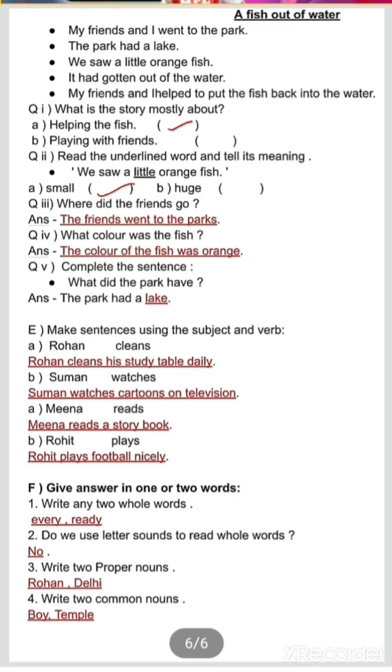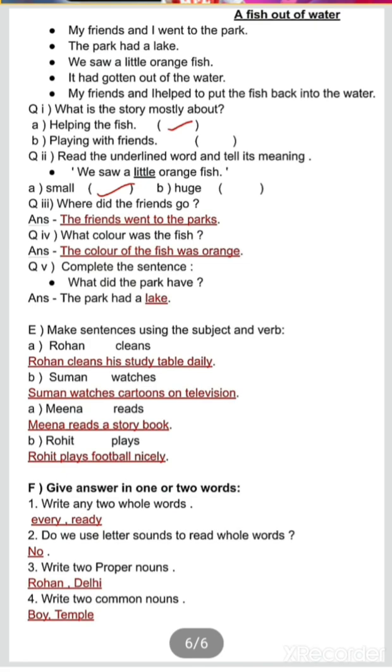Next is write two proper nouns. Proper nouns are the special names of common nouns. Like Rohan, Rohan is the name of a boy, of a particular person.